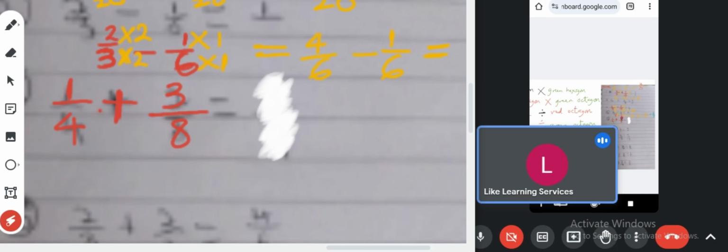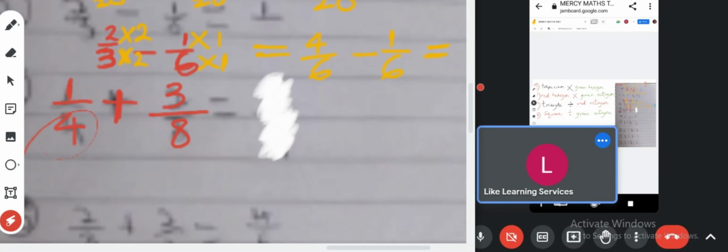So what should we multiply with 4 and get an answer, and then we also multiply 8 with a number and get the same answer? What can you multiply 4 with?